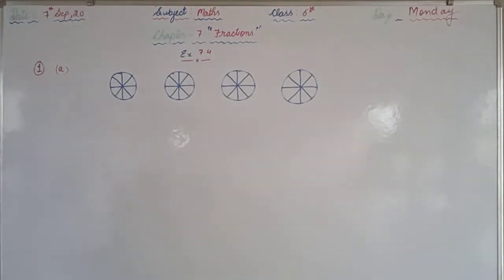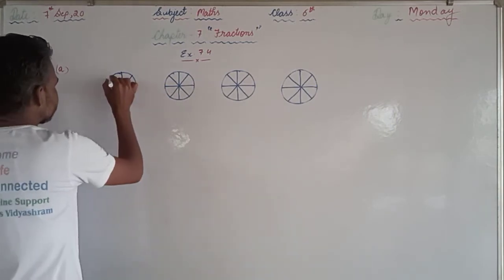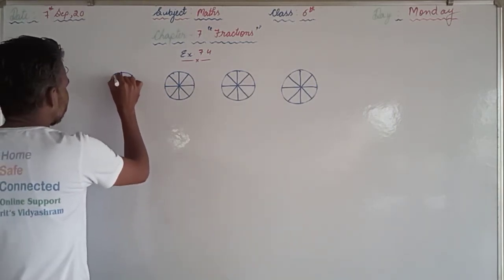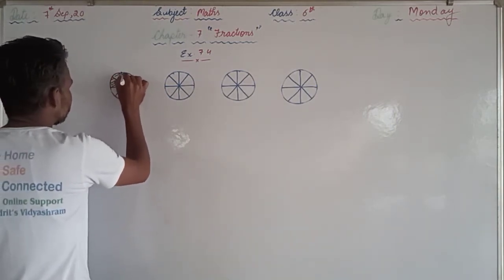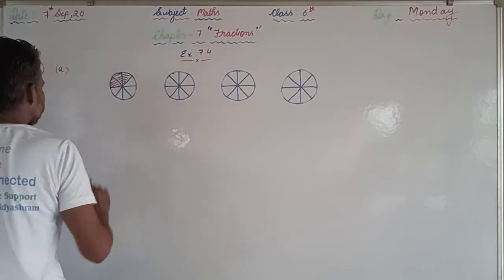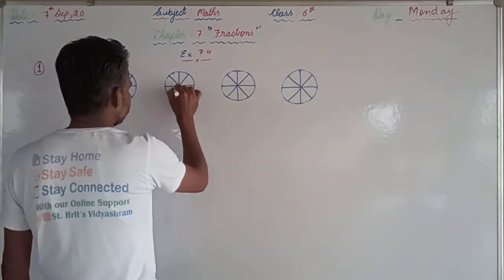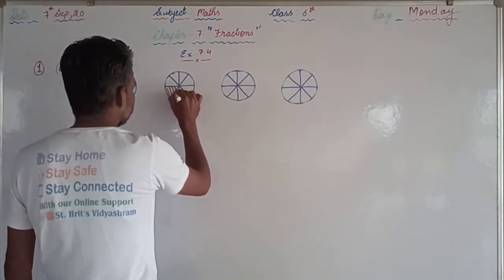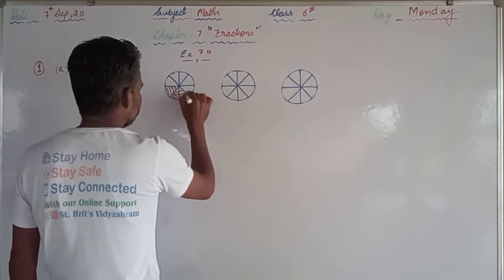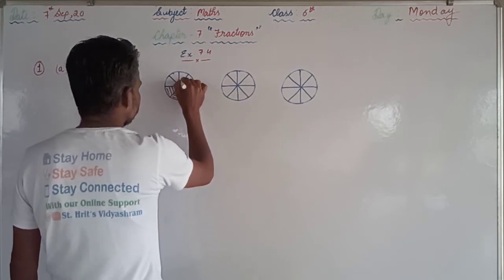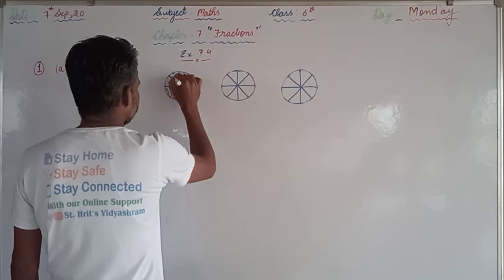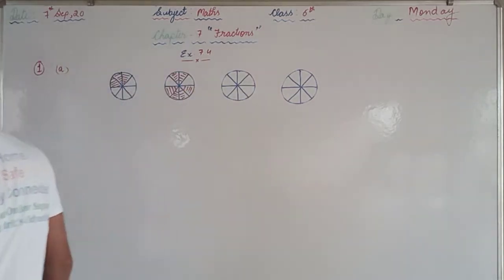Now some of the parts have been shaded. In the first one, 3 parts have been shaded. 1, 2 and 3. In the next, 2 and lower half have been shaded.